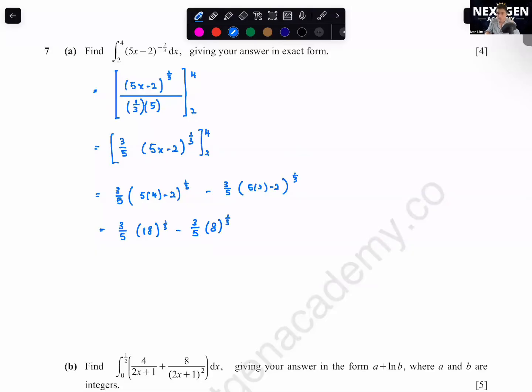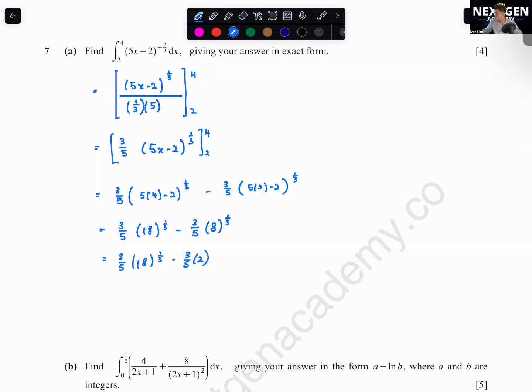They say they want it in exact form, right? So can we simplify it further? 18 to the power of 1 over 3. You use your calculator, check. Cannot, because it gives you decimal places, so we just leave it over there. But this part here, we can simplify. This one will be equal to 2.